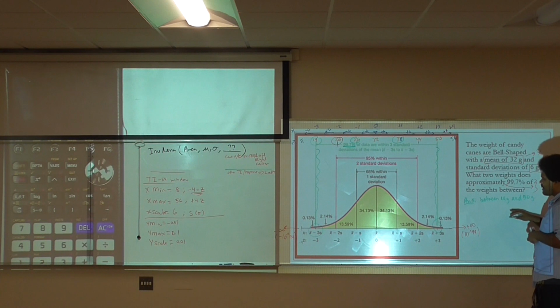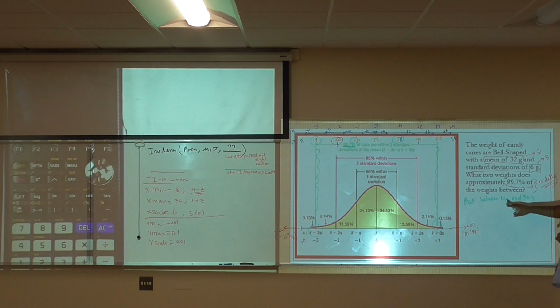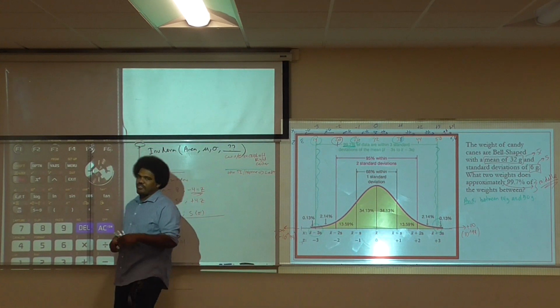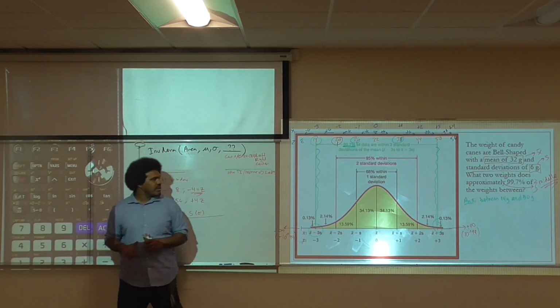And that pretty much is our answer. So it's between 14 grams and 50 grams where 99.7% of the candy canes are going to be. So that's pretty much how you get it straight from the empirical rule, after you set it up appropriately.